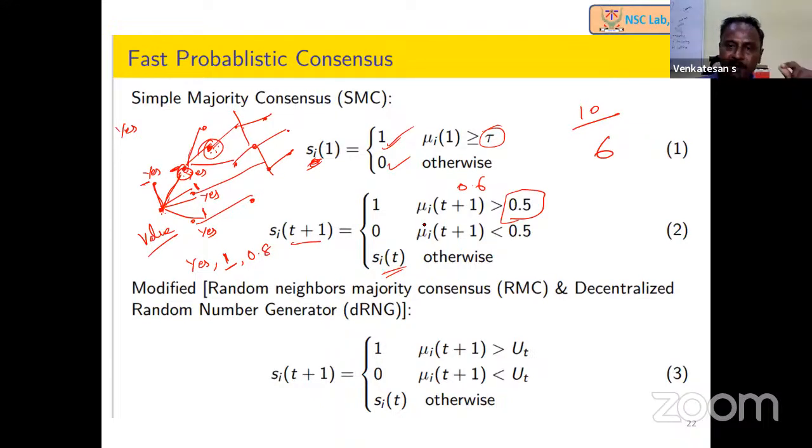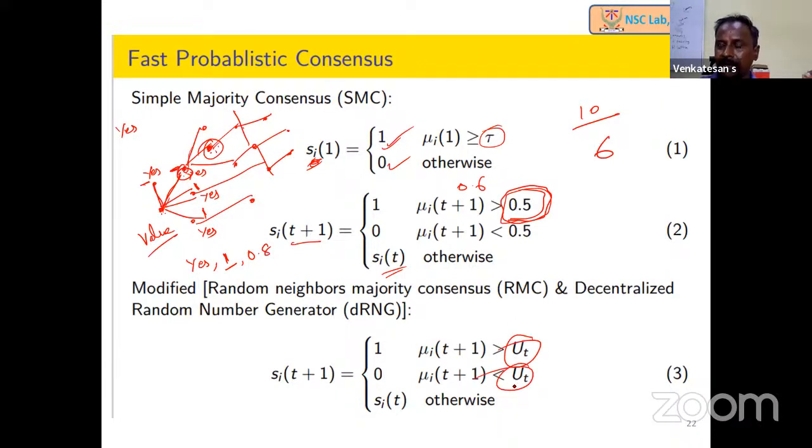The issue they have identified is that this value is a constant value. Since this is a constant value, an attacker can make the majority by colluding to always bring it more than 0.5 or less than 0.5. To overcome this, they introduce the fast probabilistic consensus, where here also a variable is used.